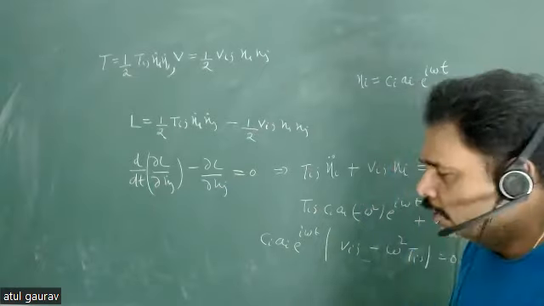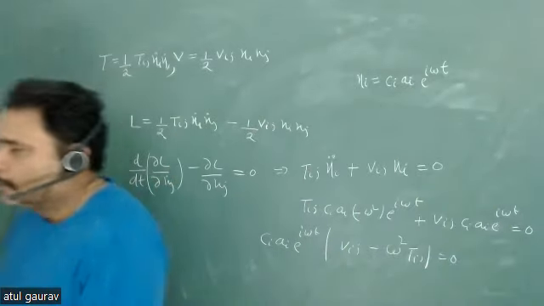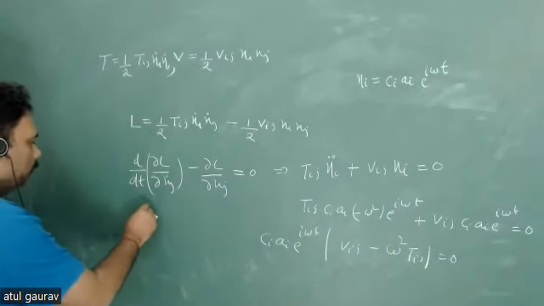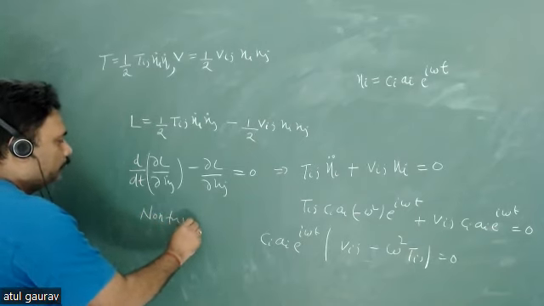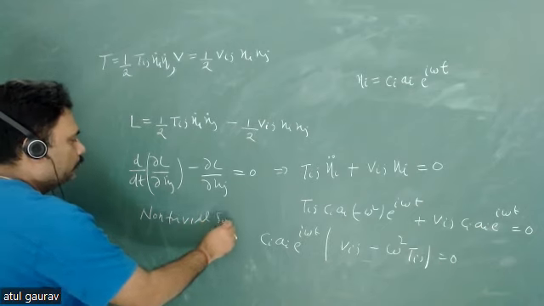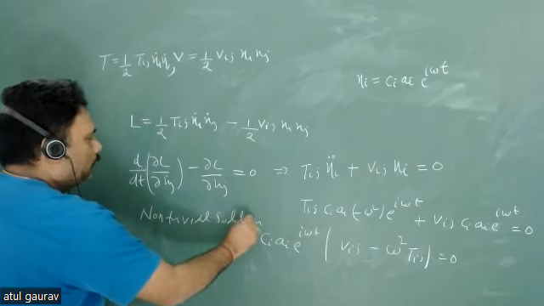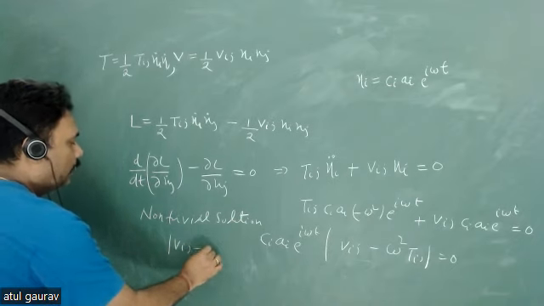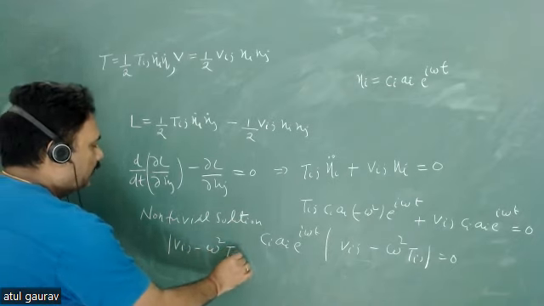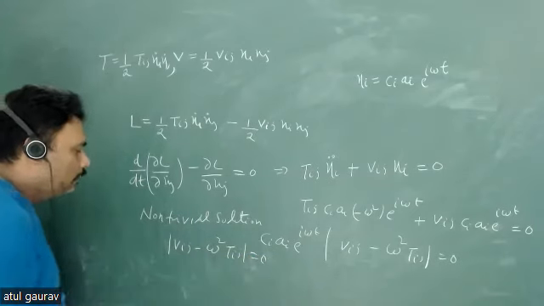We need a non-trivial solution. So for the non-trivial solution, the determinant of Vij minus omega square Tij must be equal to 0.